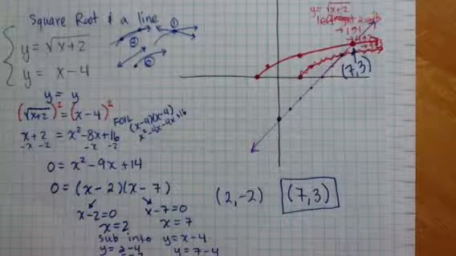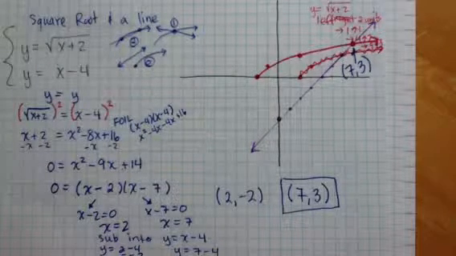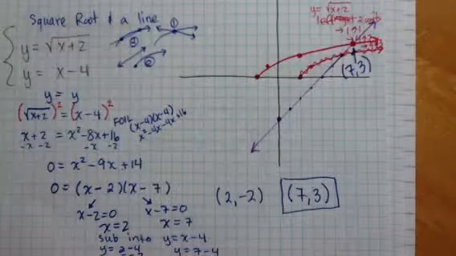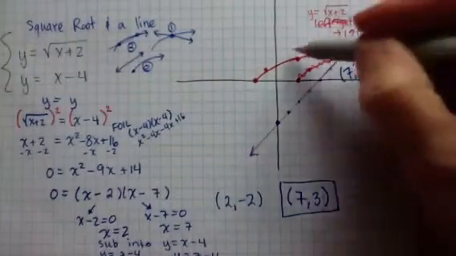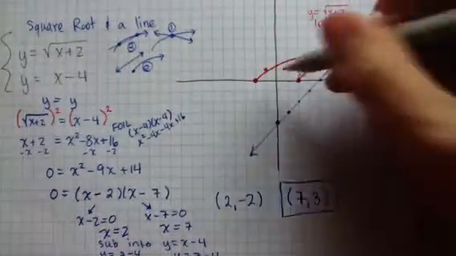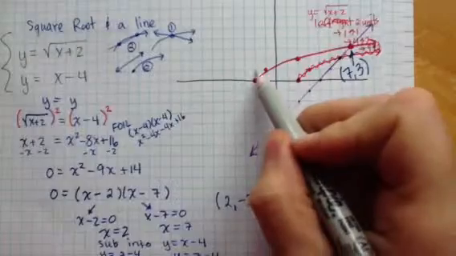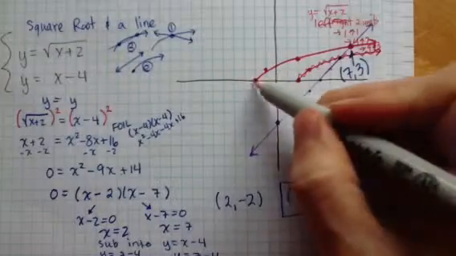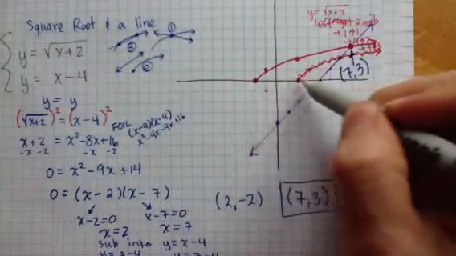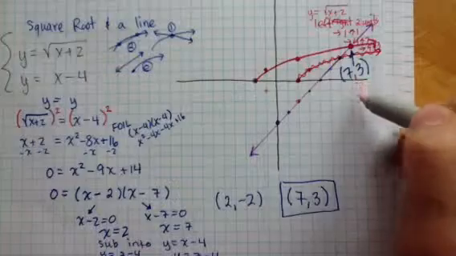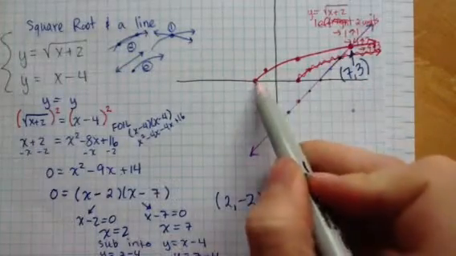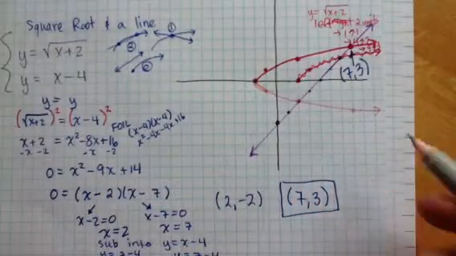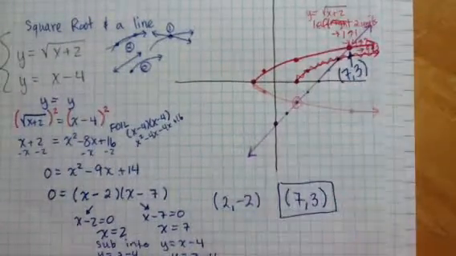Well, what's going on with that is that a square root graph is actually kind of an inverse graph of a parabola. So if I were to graph the other part of the symmetrical graph, so in other words, when I go over 1, up 1, over 4, up 2, over 9, up 3, if I also went over 1, down 1, over 4, down 2, over 9, down 3, what I would have is kind of the shadow, the bottom half of that parabola, and that's where this intersection would have been.